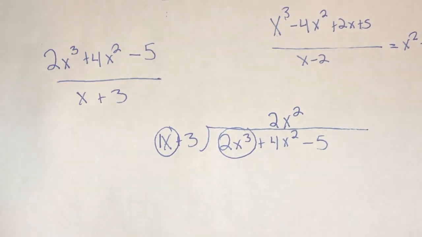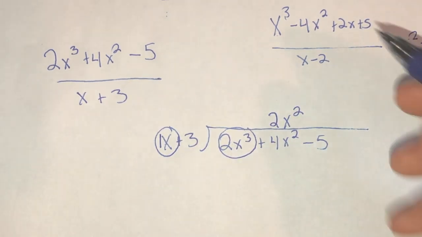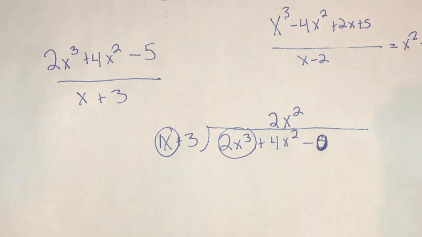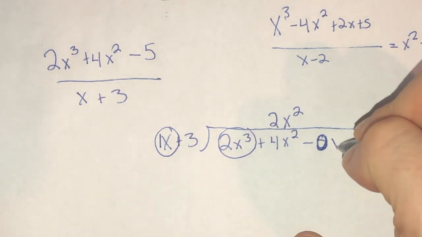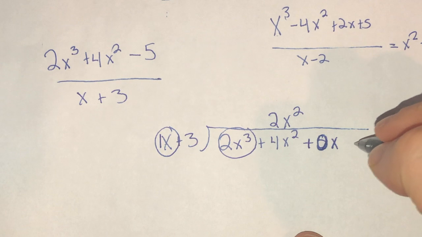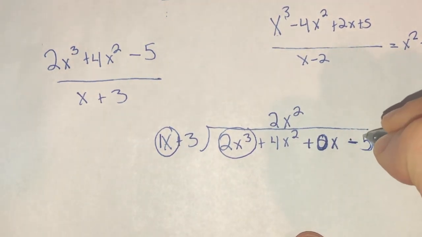Now, notice one thing that's missing here. We don't have anything with an x in it. So here's what I'm going to recommend: if you have a 0 coefficient, go ahead and write that in. So I'm going to flip that into a 0x, and then I'll put the -5 at the end.